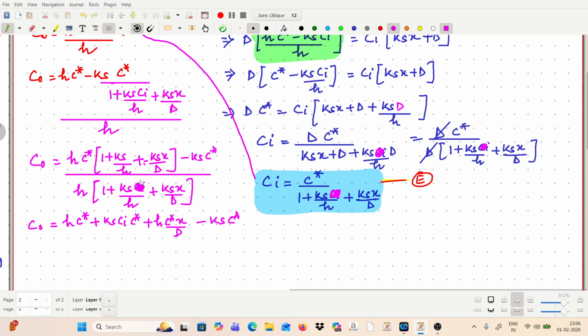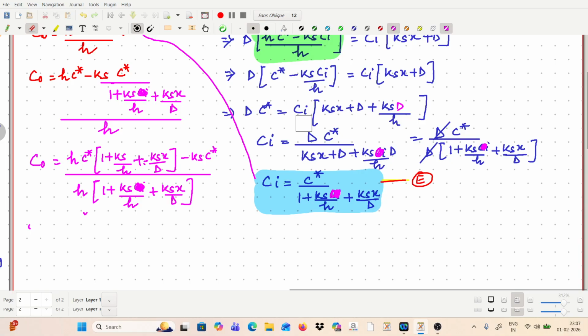So H C star, once again KS, 1 plus KS. CI will not be there. So H KS into C star, KS into C star. So it should be KS into C star. This I just eliminated, there is a mistake.